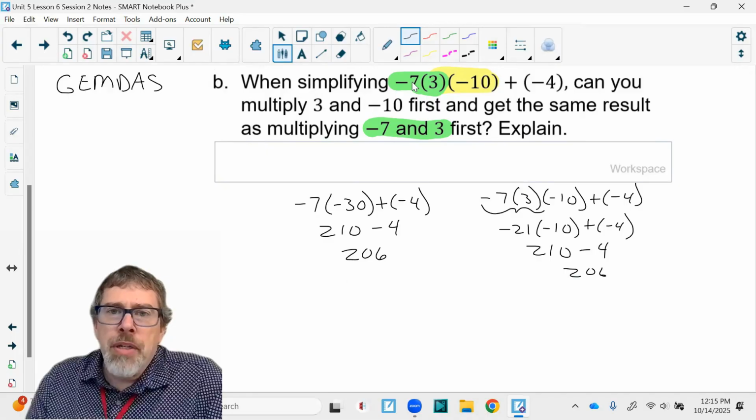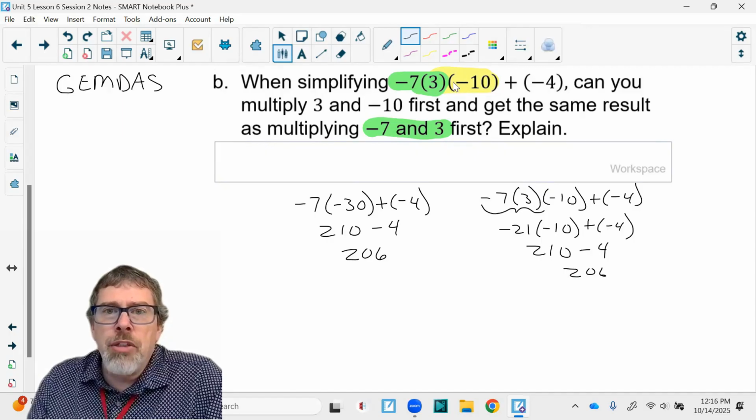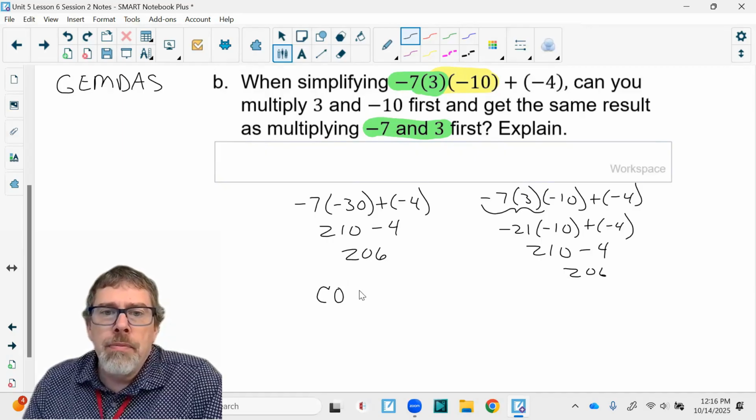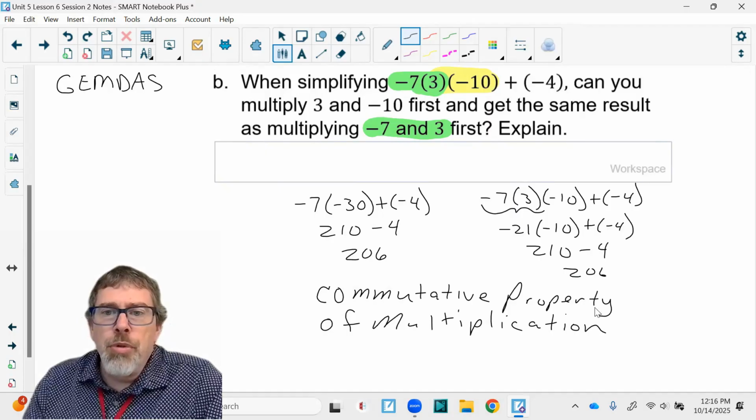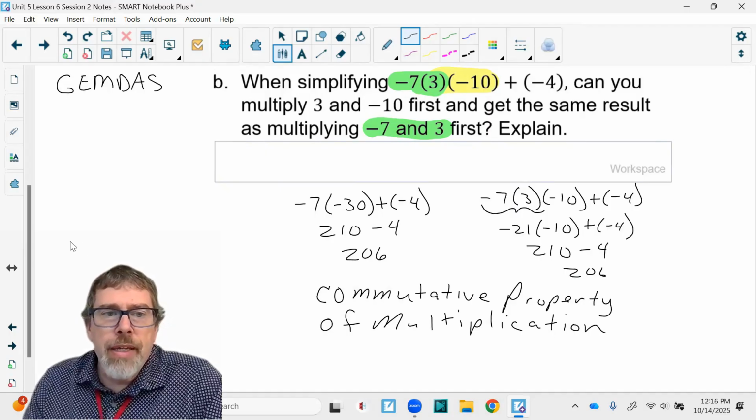The reason it was okay is because besides this plus a -4, you have to do multiplication first, and since there were 2 ways to do the multiplication, that is called the commutative property of multiplication.